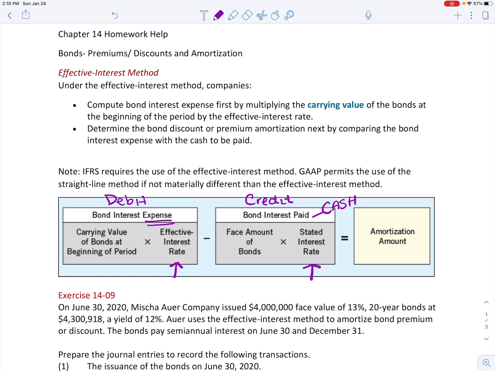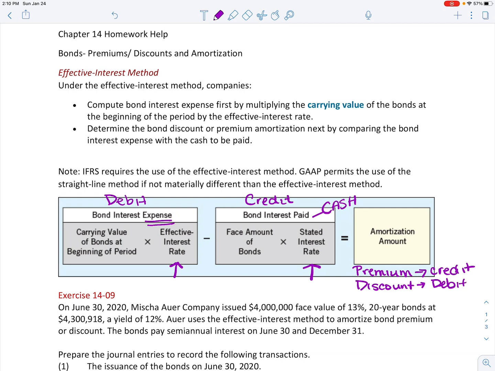And your amortization amount is going to be a debit or credit depending on if you have a premium or a discount. When you're amortizing a premium, you're going to need a credit. When you're amortizing a discount, you're going to need a debit.